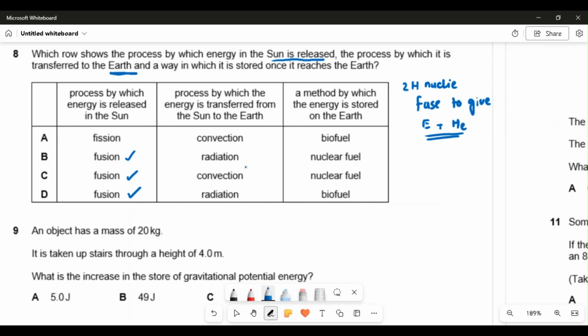So here we have the second option, squeezed to B or D. Third is the way in which it is stored when it reaches the earth. When it reaches the earth, it's stored in the form of biofuel, not nuclear fuel. So our final choice should be D.